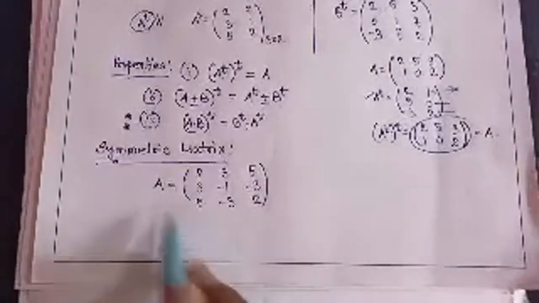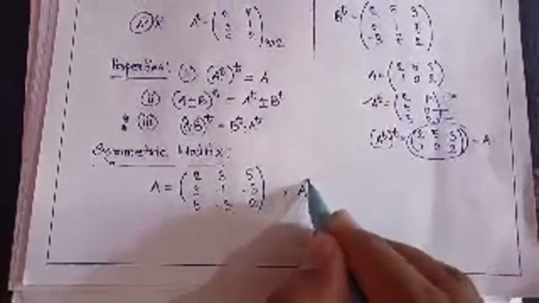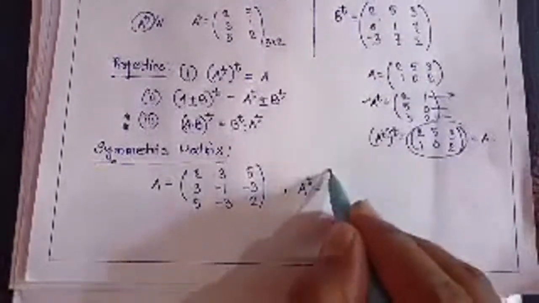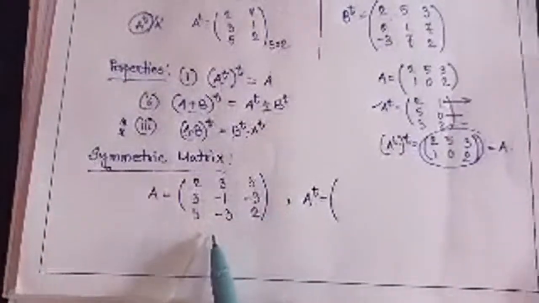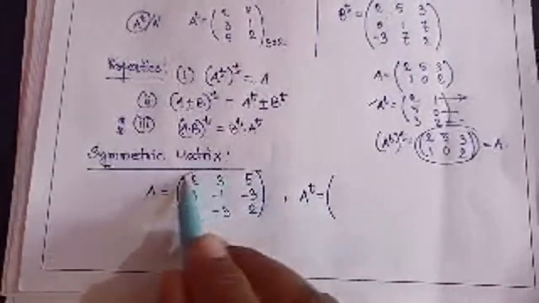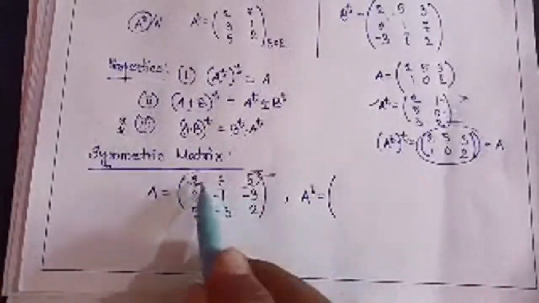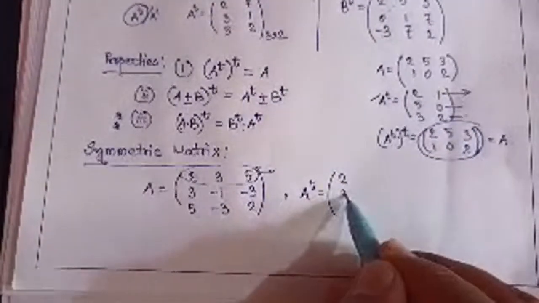Let's take the transpose of this matrix. After that we will check what will happen. So A transpose equals to what? Transpose means all the rows transform to columns, or you can say all the columns transform to rows. So 2 3 5 row wise here, we will write column wise, 2 3 5.